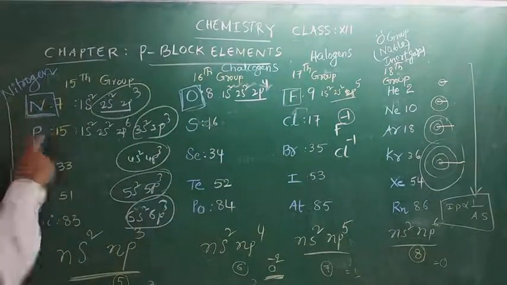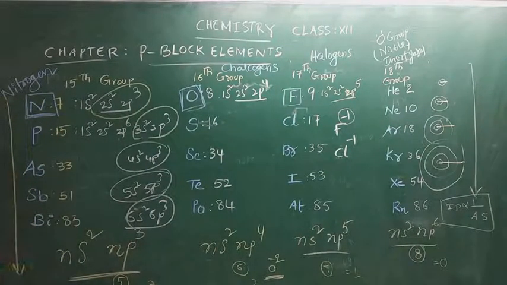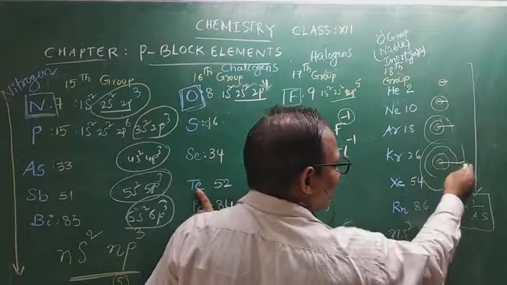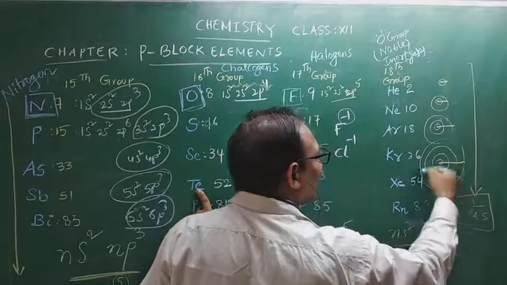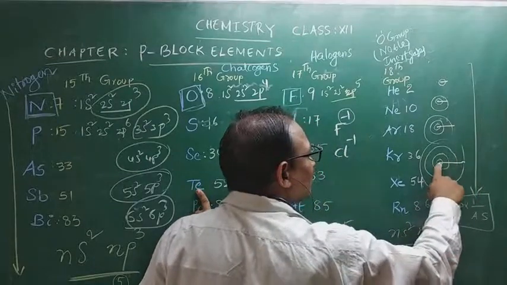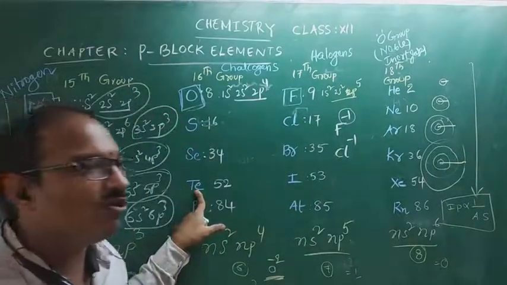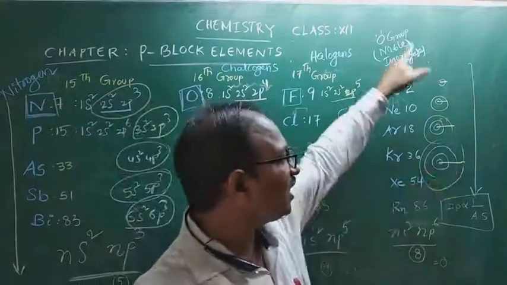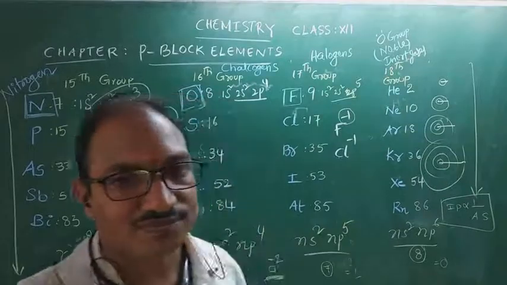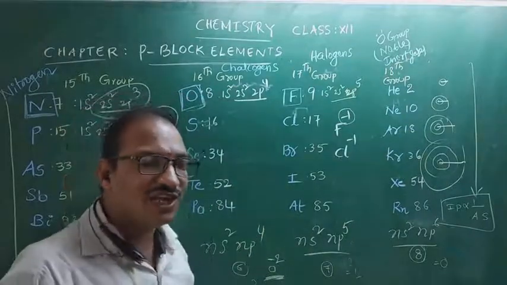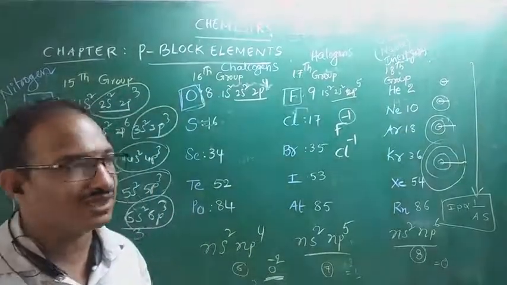If atomic size increases, why does ionization potential decrease? Because the last electron is weakly attracted by the nucleus. Here you can see the last electron is weakly attracted by the nucleus, so we can easily remove the outermost electron. So in a group from top to bottom, ionization potential always decreases.